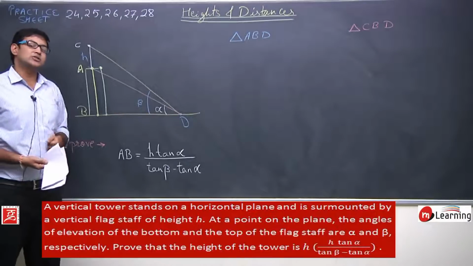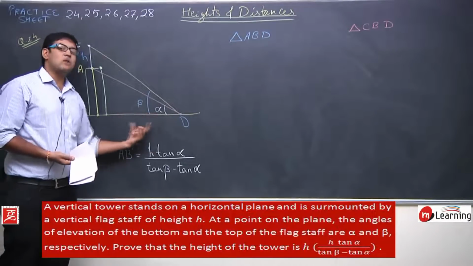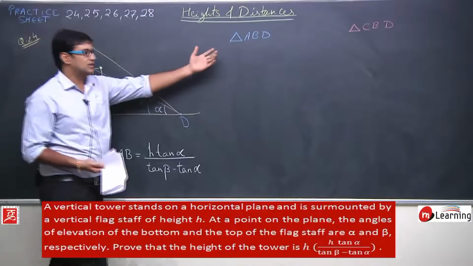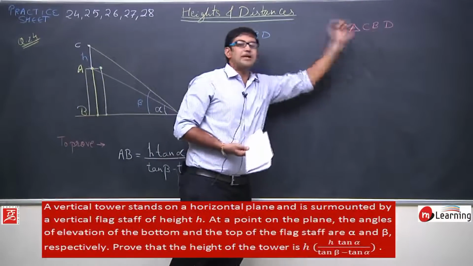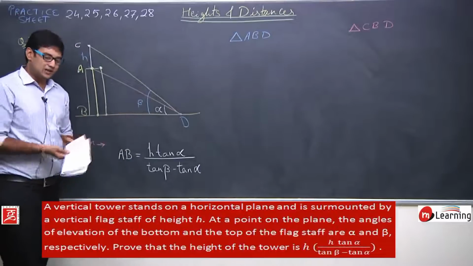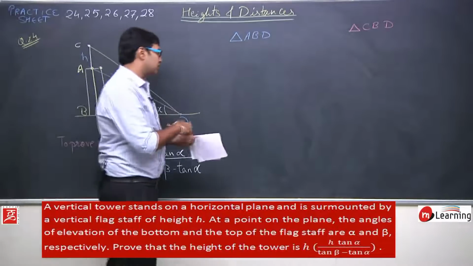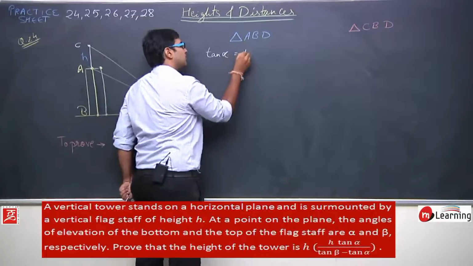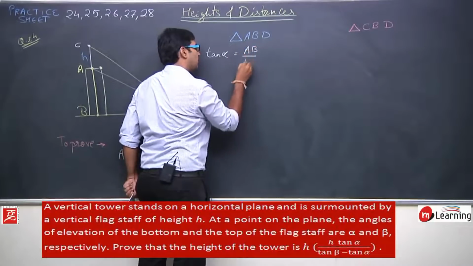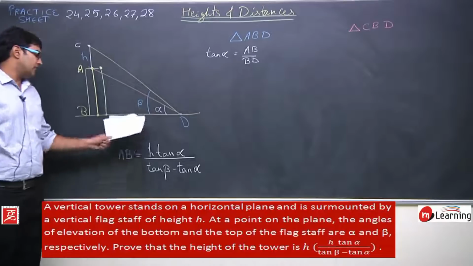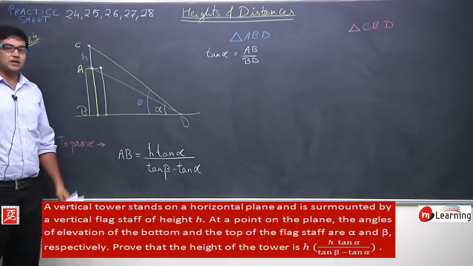I can also see that BD is a common side between both the triangles ABD and CBD. So in this triangle, the value of tan alpha will be AB upon BD.